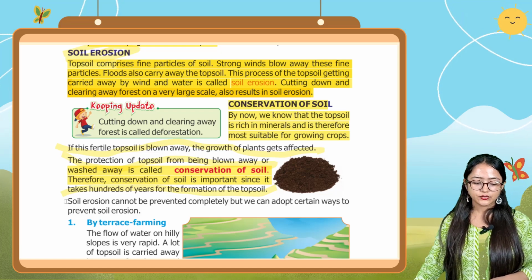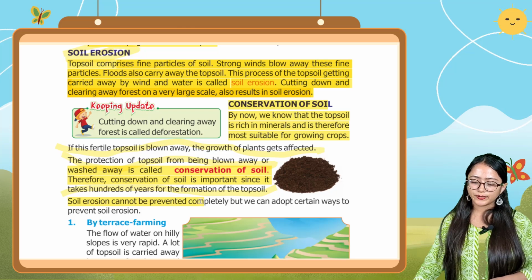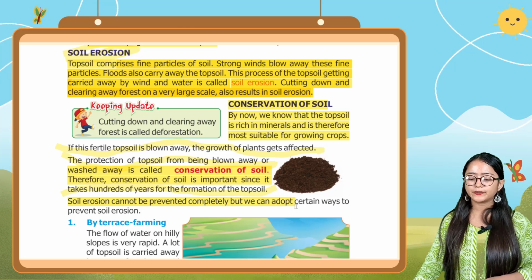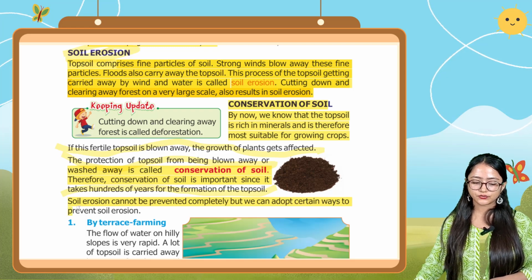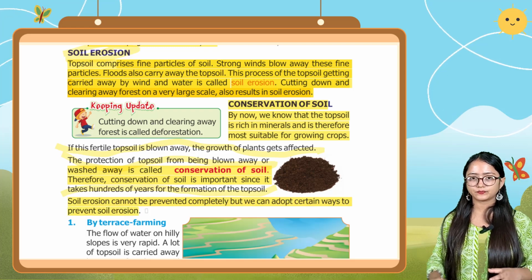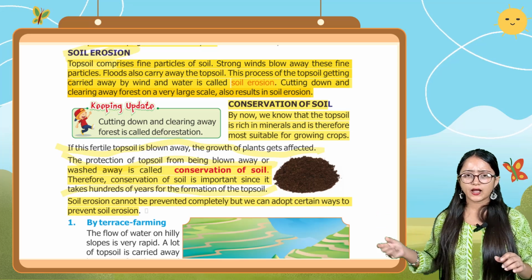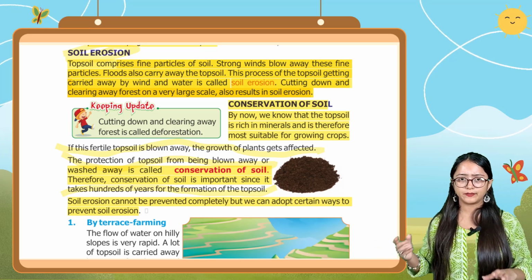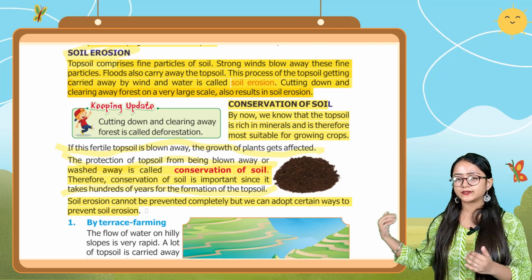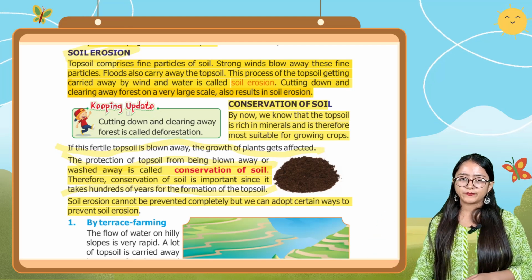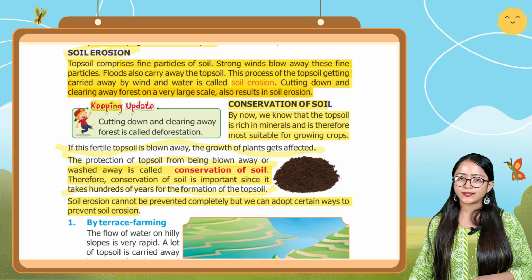Okay, so soil erosion cannot be prevented completely, but we can adopt certain ways to prevent it. We can't get rid of soil erosion completely, but we can prevent it by certain ways. Okay, but before that there is one point, that is keeping update.